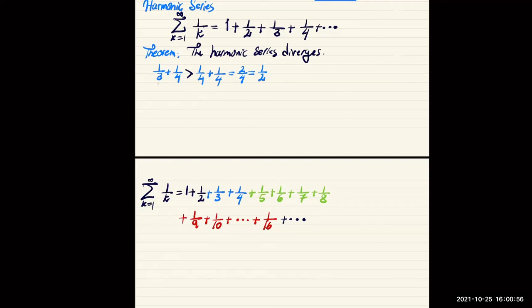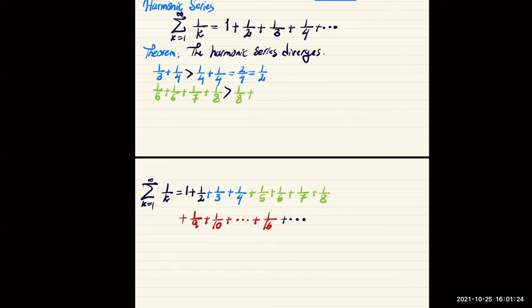Green group is 1/5. Okay, we can do exactly the same thing with this group. We can say that each one of these is more than 1/8. 1/5 is more than 1/8, and you'll see why in a second.